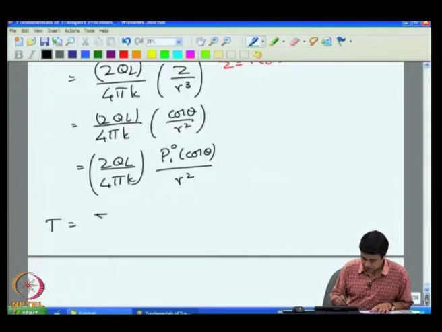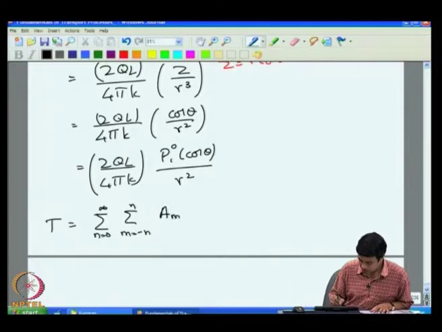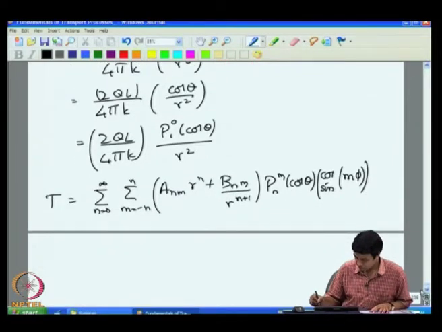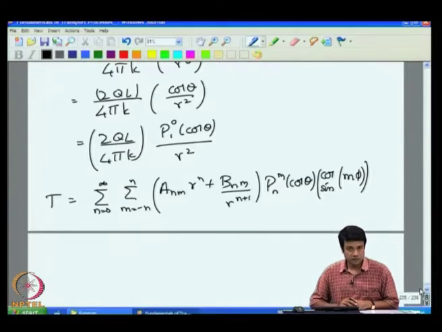T is equal to summation n is equal to 0 to infinity, summation m is equal to minus n to plus n, a m n. This was the solution that we got from the spherical harmonic expansion.